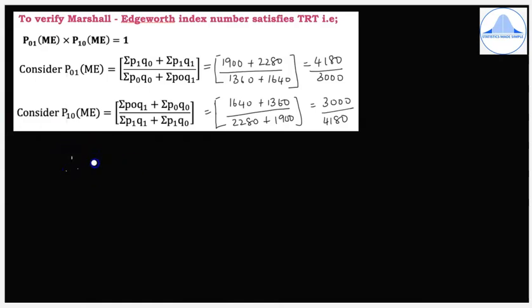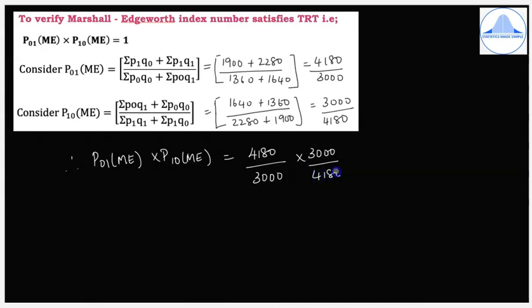Therefore P01 of ME into P10 of ME will be equal to 4180 divided by 3000 into 3000 divided by 4180. So all the terms will get cancelled and you will get 1.